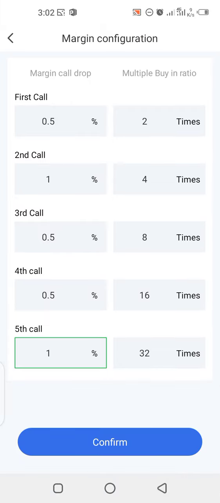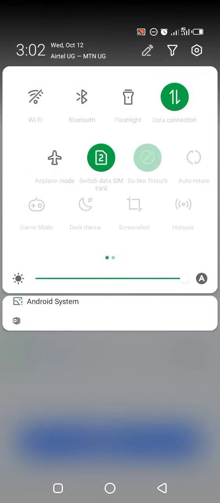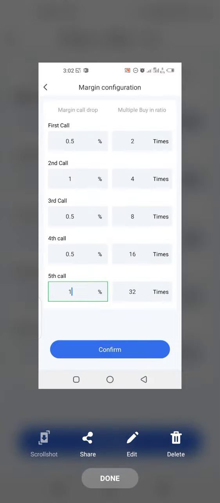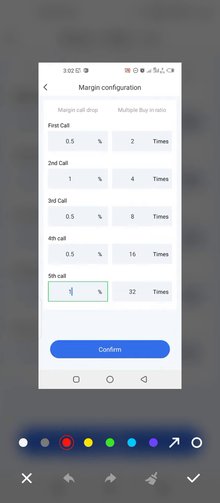The best way is to use in the multiple buying ratio 2, 4, 8, 16, 32. So what do I mean when I say this? For example, let's get a little bit clear. If I have $100, I'll start from here, and I make my first buying amount 15.